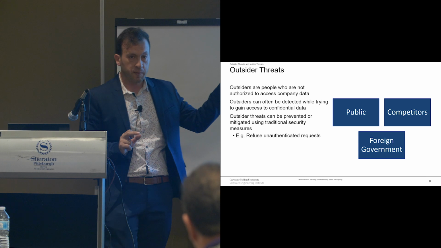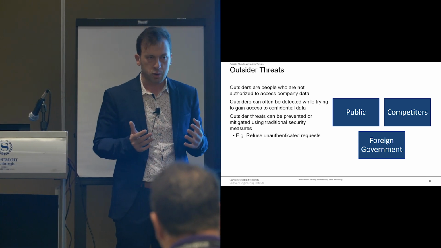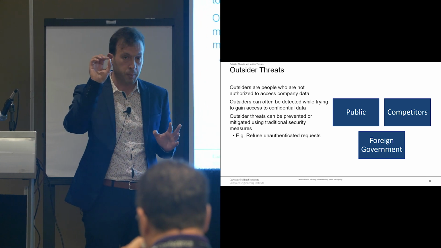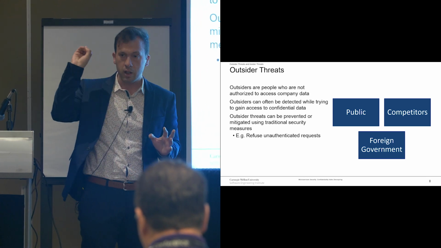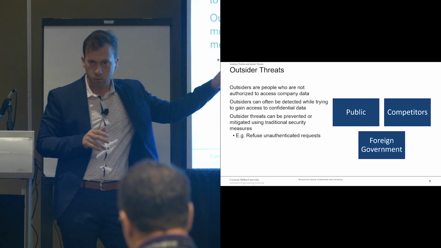Actually, this is the first group I think about when I design a new system: how can I protect this system from the outsiders? So I always think about this group.